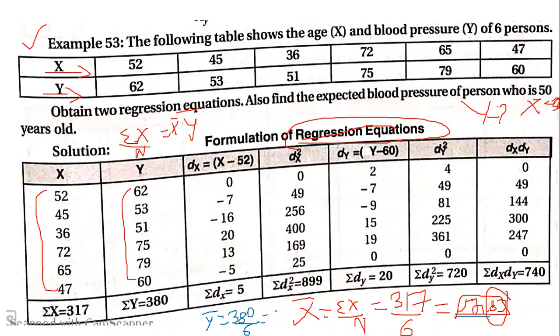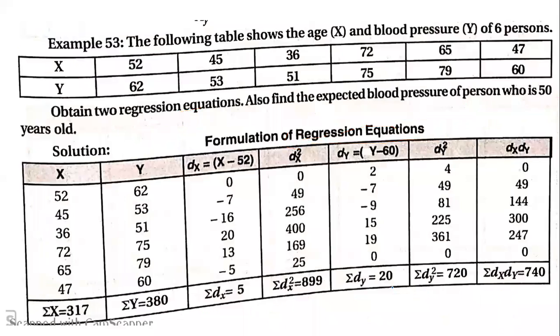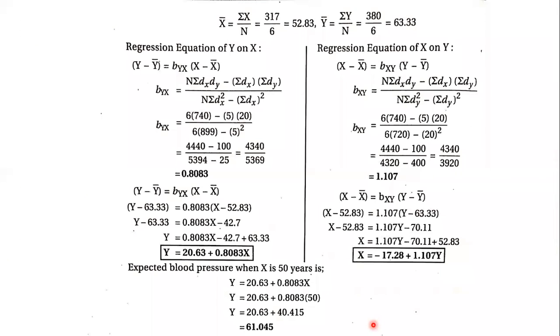Okay. 63.33. So in both cases, both x bar and y bar, we are getting decimals. Correct? So that is the main reason why we wanted to solve this problem using assumed mean.